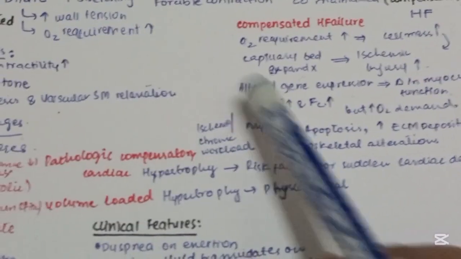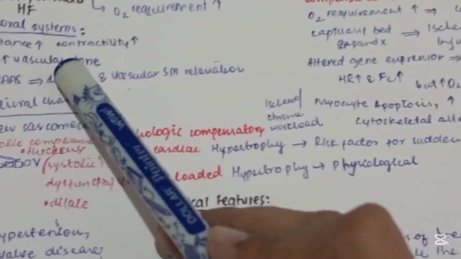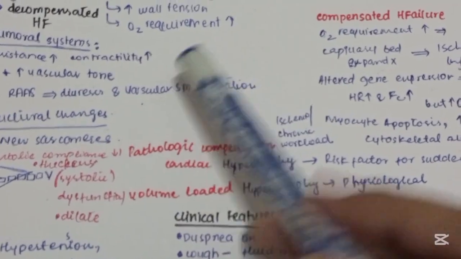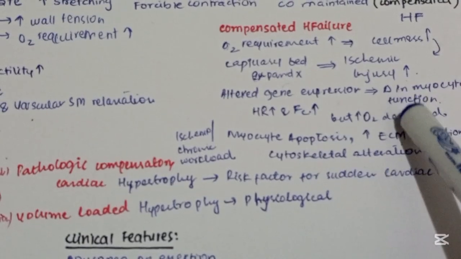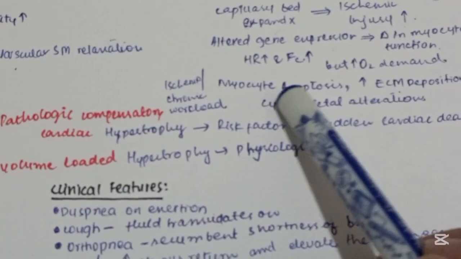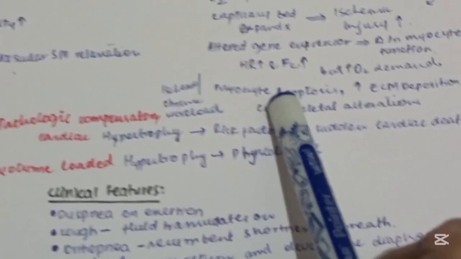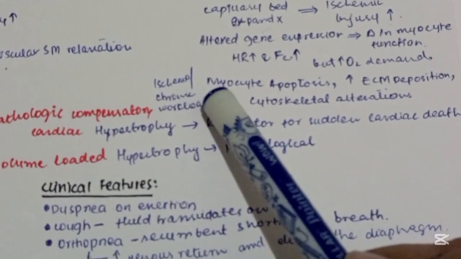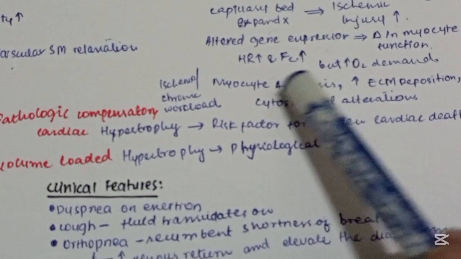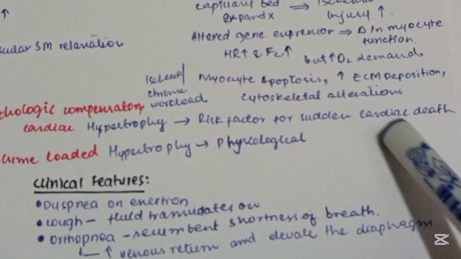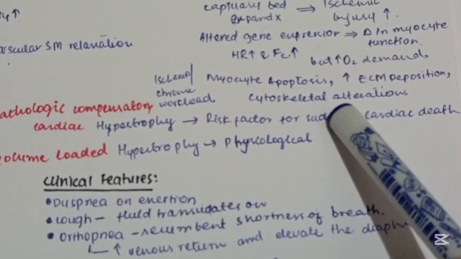And with time, because of the activation of this compensatory neurohumoral system, there will be altered gene expression that is going to cause changes in myocyte function. Like, it's normal that heart rate is going to increase, force of contraction is increasing, but the oxygen demand is also increasing as well. So with time there will be changes like myocyte apoptosis, increase in ECM deposition, and cytoskeletal alteration as well.